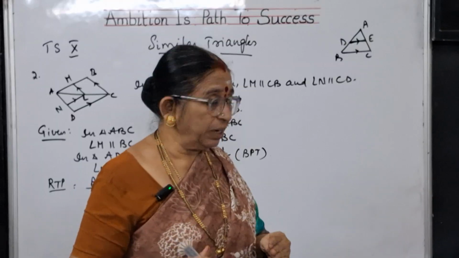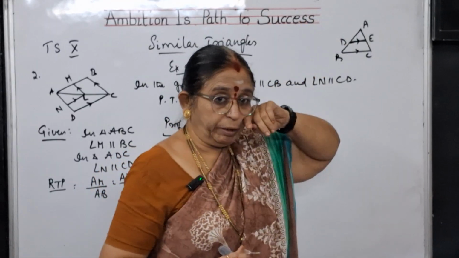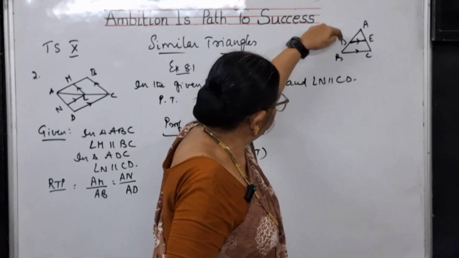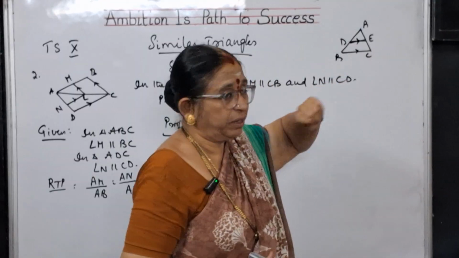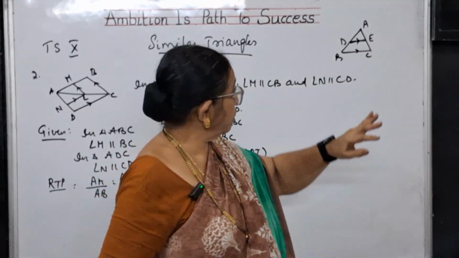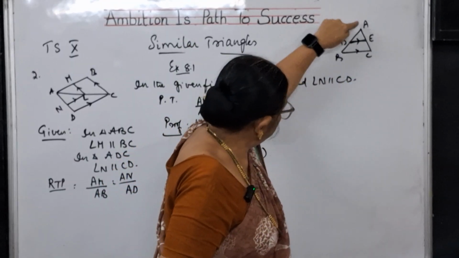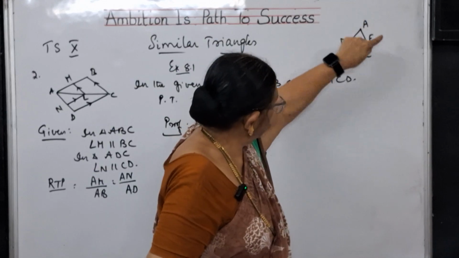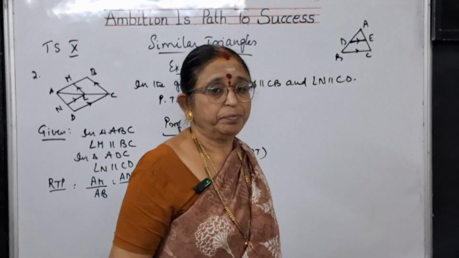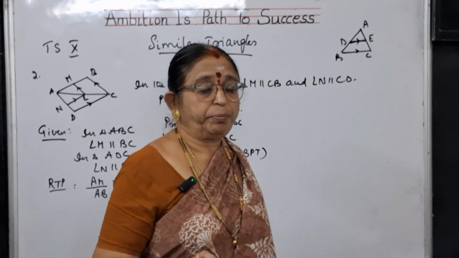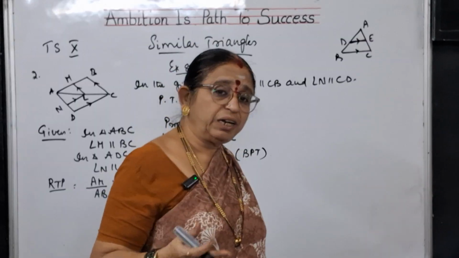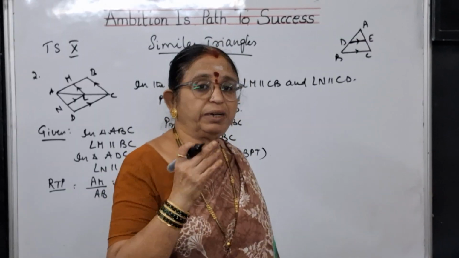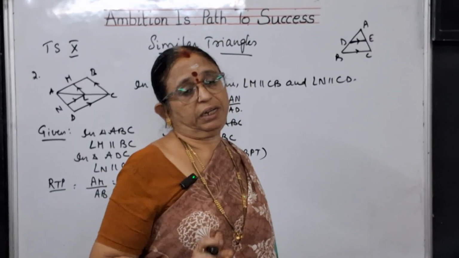But remember that according to BPT, not only AD by DB is equal to AE by EC, but also AD by AB is equal to AE by AC. This is also there in BPT, meaning the proportion, whichever way you are taking the ratio, they are equal.